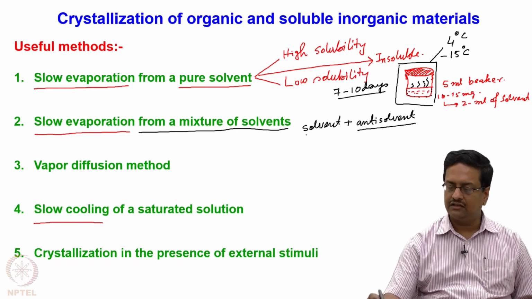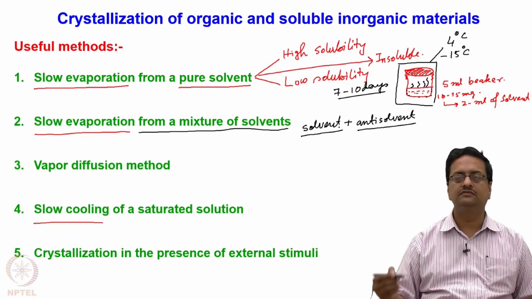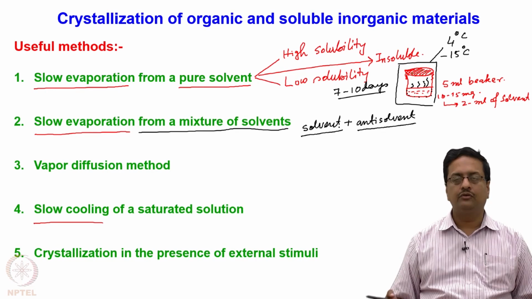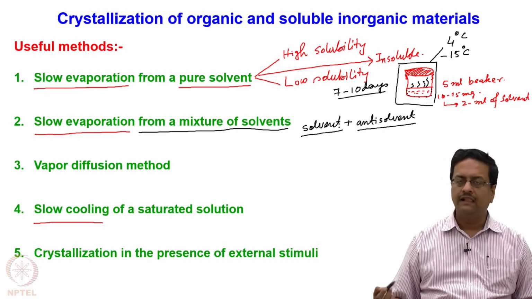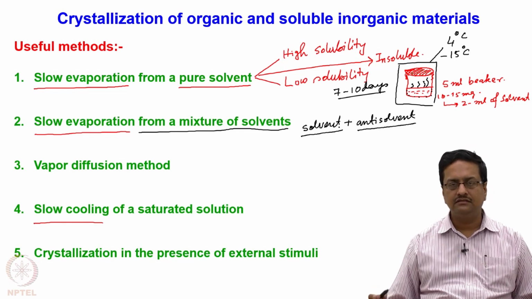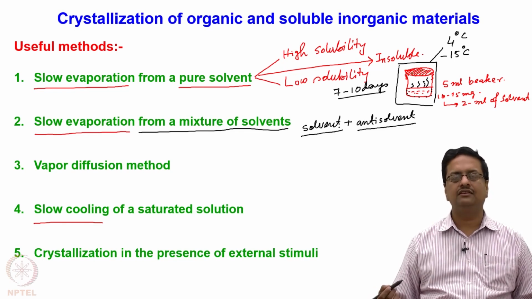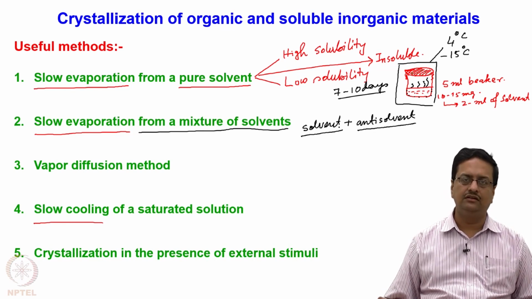So we take a liquid, suppose dichloromethane, in which the compound dissolves completely, and cyclohexane or n-hexane, in which the compound does not dissolve at all.